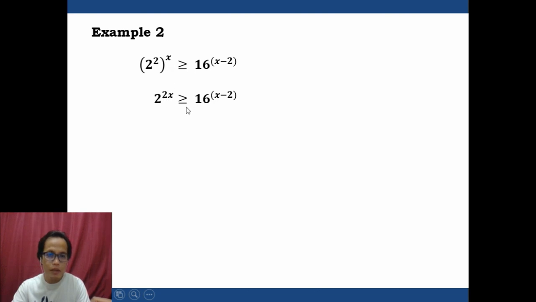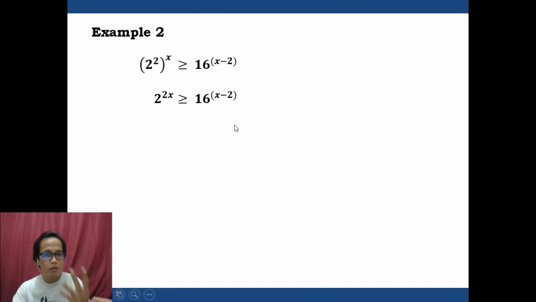Then we copy greater than or equal to 16 raised to x minus 2. Now, this time, we have the base here 2, then we have here the base 16. So, kanang 16, kinahanglan i-express na nato to the base 2. So, unsa may dapat i-exponent sa 2 aron magawas ang 16? So, we have here 2 times 2, 4 times 2, 8 times 2, 16.